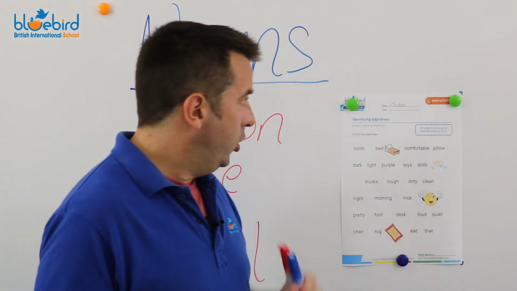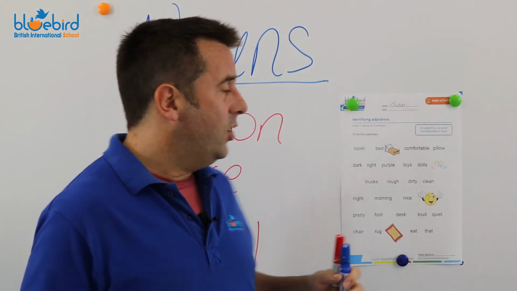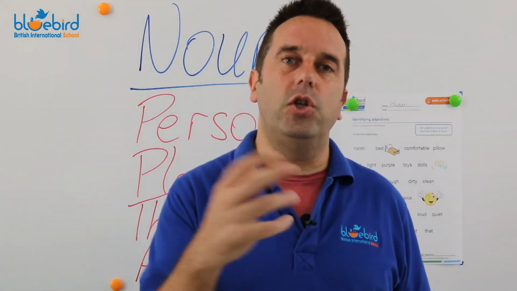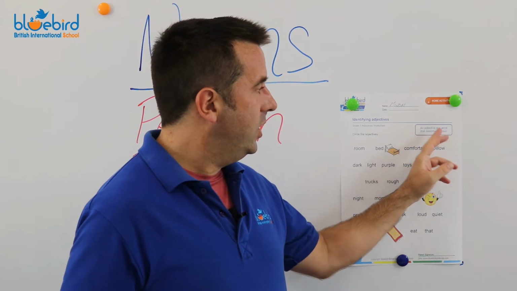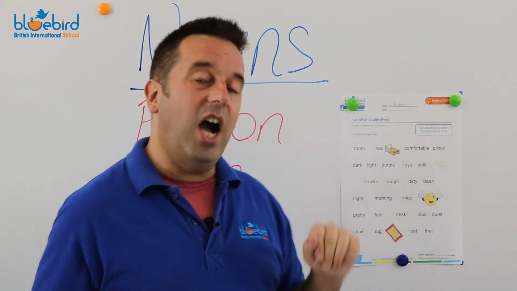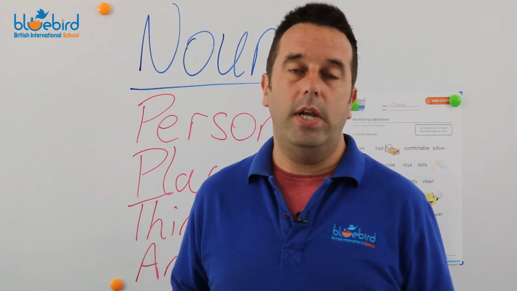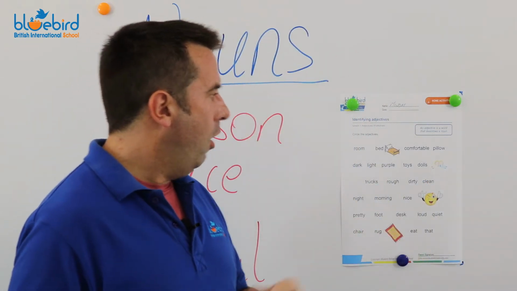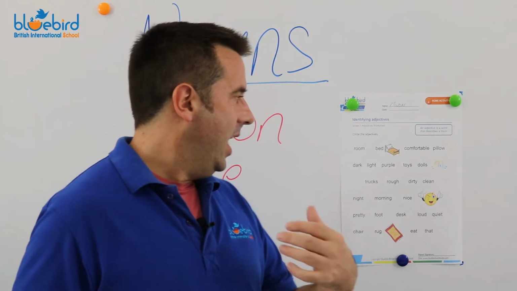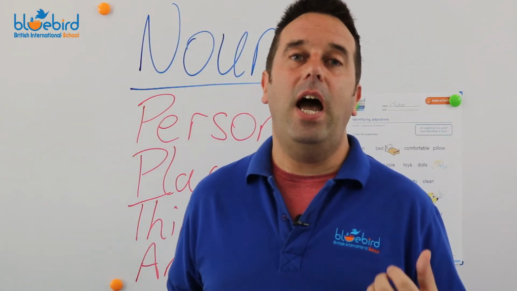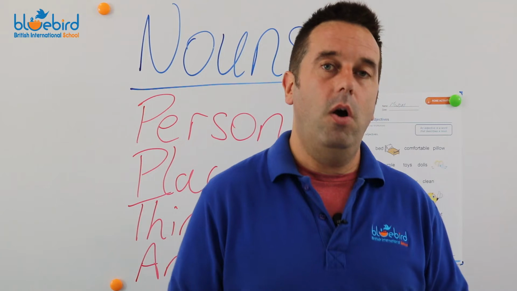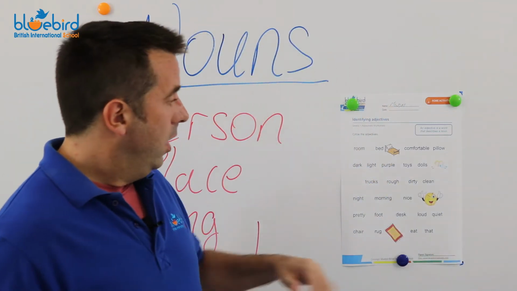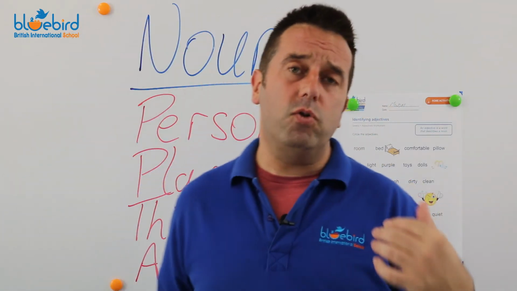So this is the first sheet. Monday and Tuesday is just identifying adjectives. And as it says here, an adjective is a word that describes a noun. So you have some there. Purple, comfortable, clean, nice, loud, quiet. But have a look for some of the nouns that are there.